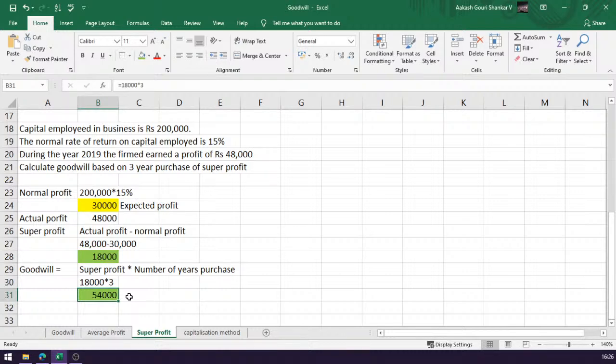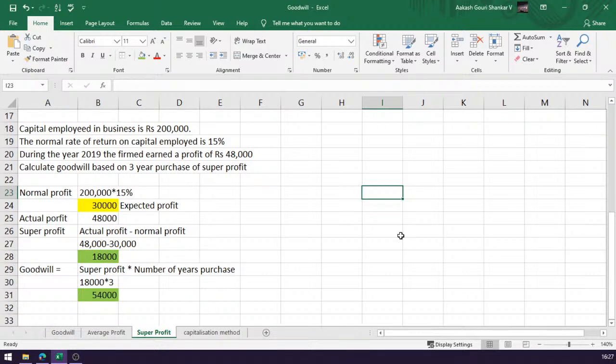Okay, one of our friends has asked, is there any chance that actual profit is less than the normal profit? I believe that if the actual profit is less than the normal profit, yes, there is a chance that can happen. Like the expected profit would be 15 percentage, but the actual profit is only 10 percentage. I will explain with the example.